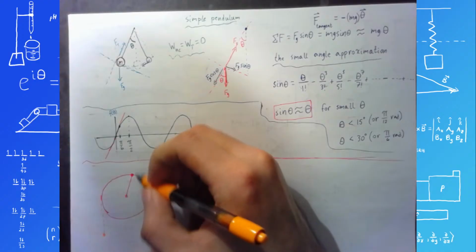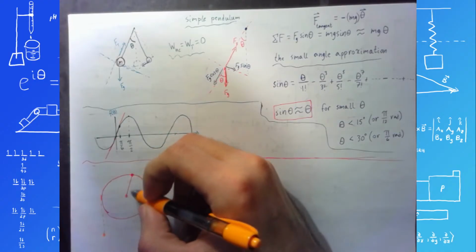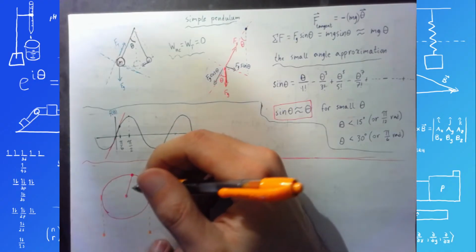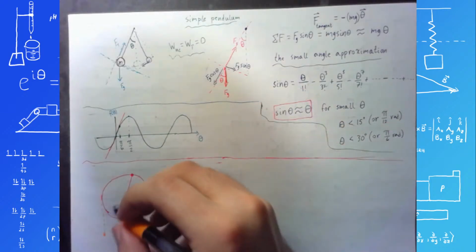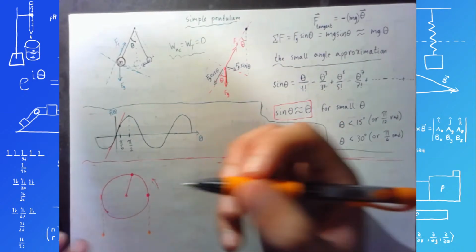The only difference is that there's a second dimension to this type of motion that you have to neglect in order to treat it as simple harmonic motion.